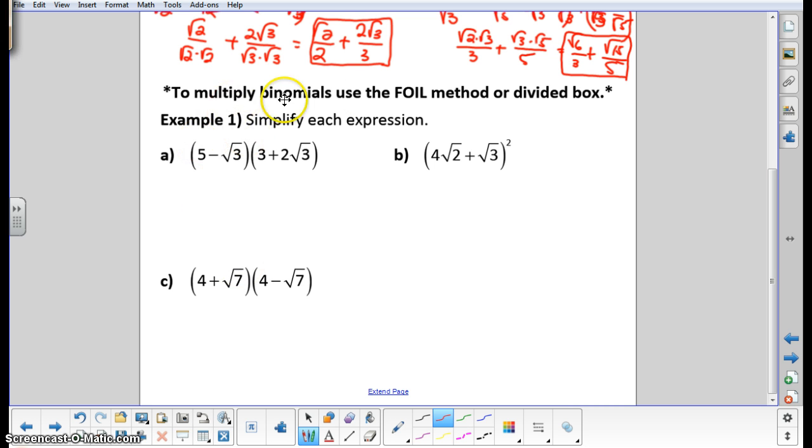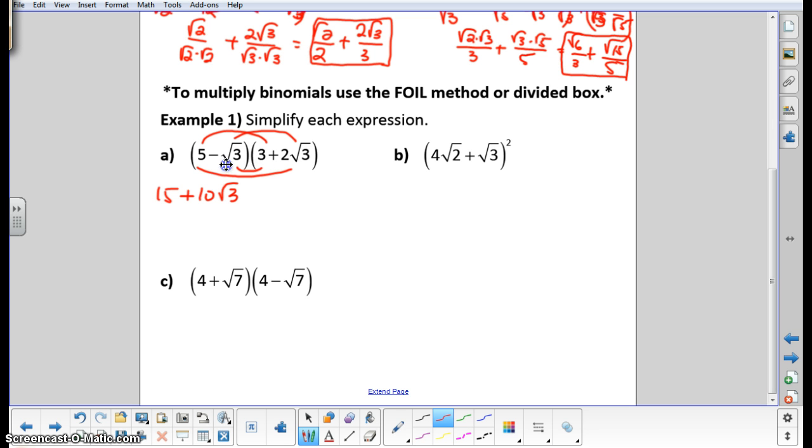Alright, so you're probably going to look at this and you're going to see two binomials, and you know to simplify these two binomials you're going to need to FOIL them out. So let's do the monkey. So the first two terms, 5 times 3 is 15. The outer terms, that's a 5 times a 2 root 3, which is 10 root 3.